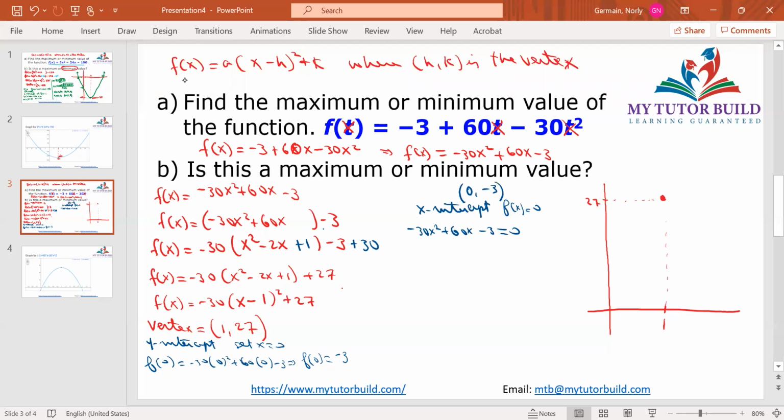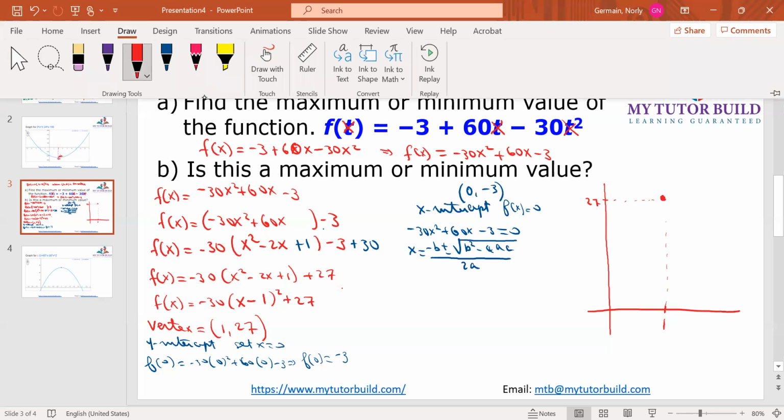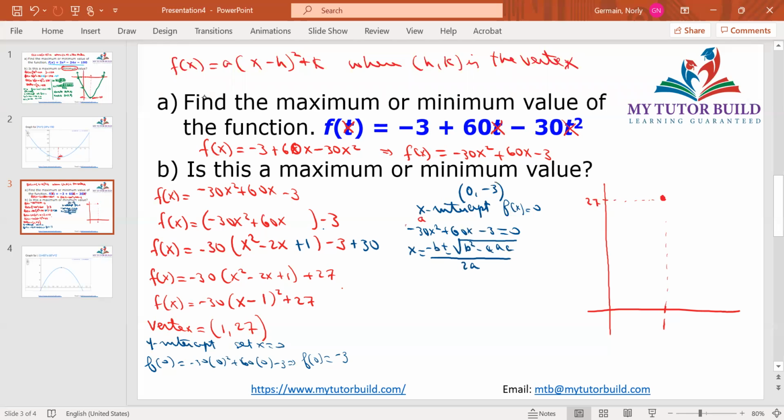First of all, you can use the quadratic formula to find the two values of x: negative b plus and minus the square root of b squared minus 4ac, over 2a. Remember, in that function right here, this is a, this is b, and this is c.